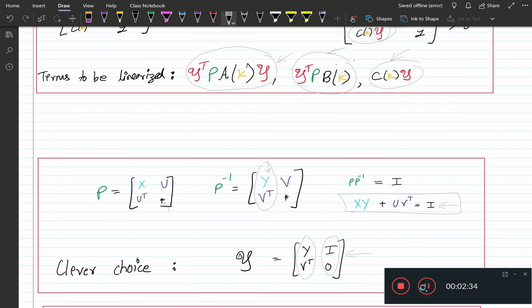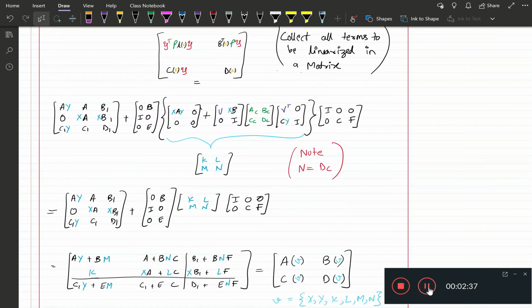Let's also quickly see how. If we collect all the terms of interest that we have to linearize in a matrix like this, we have Y transpose P A of K Y, B transpose P Y, C Y, and D. Note that we don't really need to do anything here, but we just keep it so that writing things down is a bit easier.